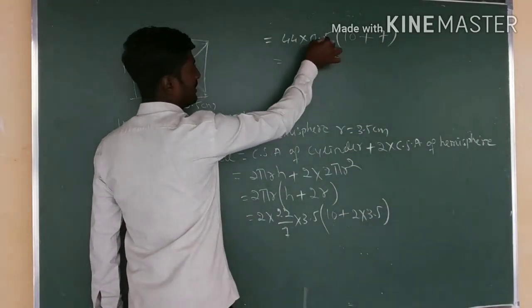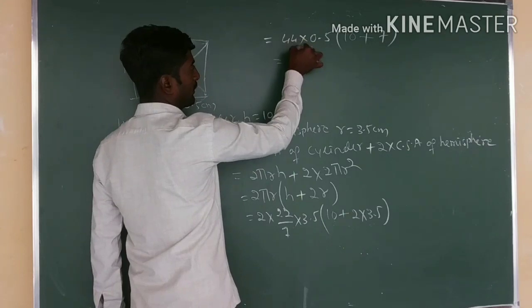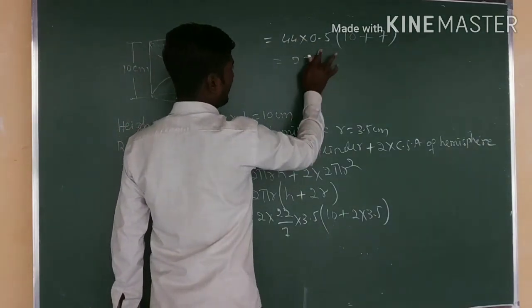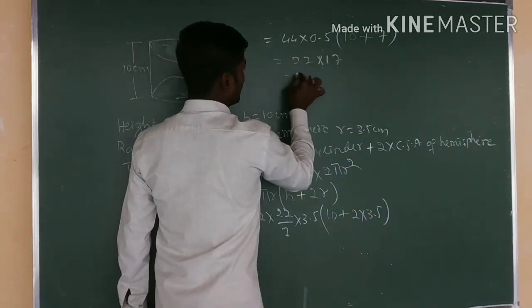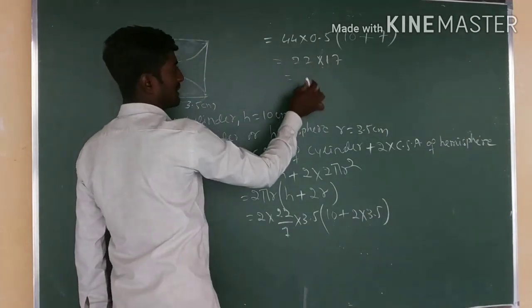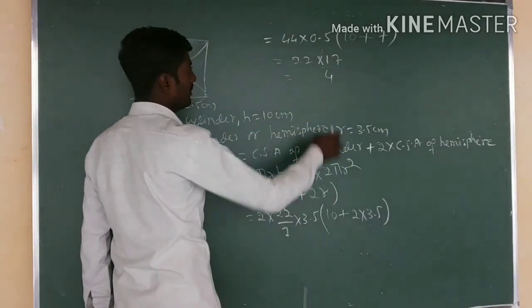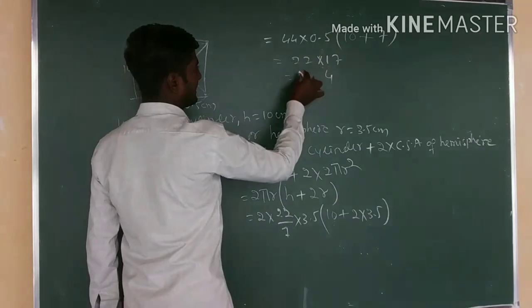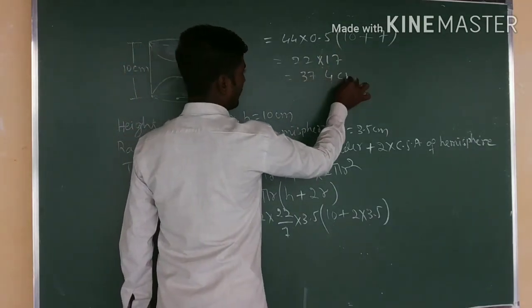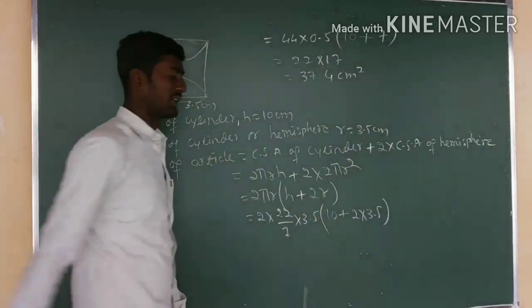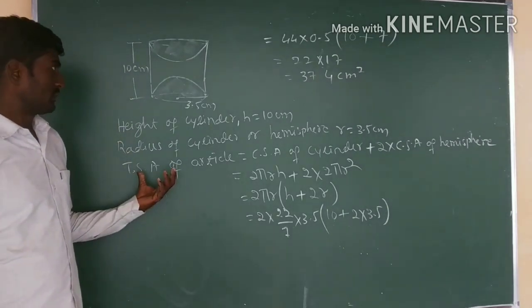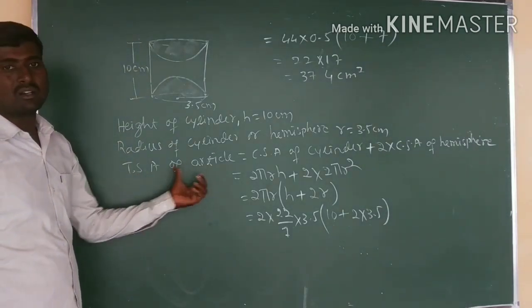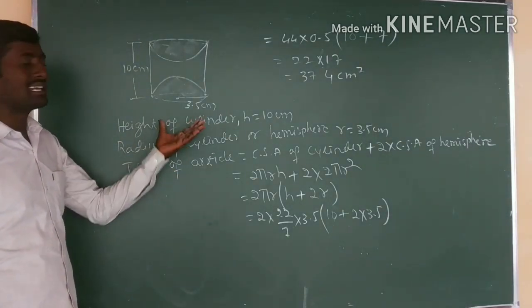Now this is 1 by 2, 44, that is 22 into 17. Okay, so 22 into 17, 17 2s are 34, 34 plus 3, 37. So 374 centimeter square. So that is the TSA of the article, or the surface area of the remaining solid, I can say.